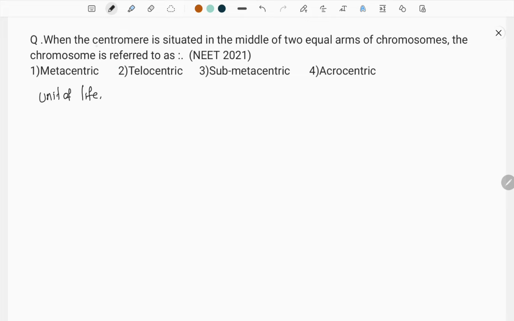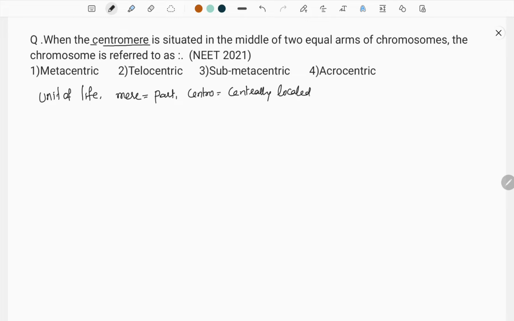See, first of all, you should know what is centromere. Mere means part. Centro means that is present in central position, that is centrally located generally.